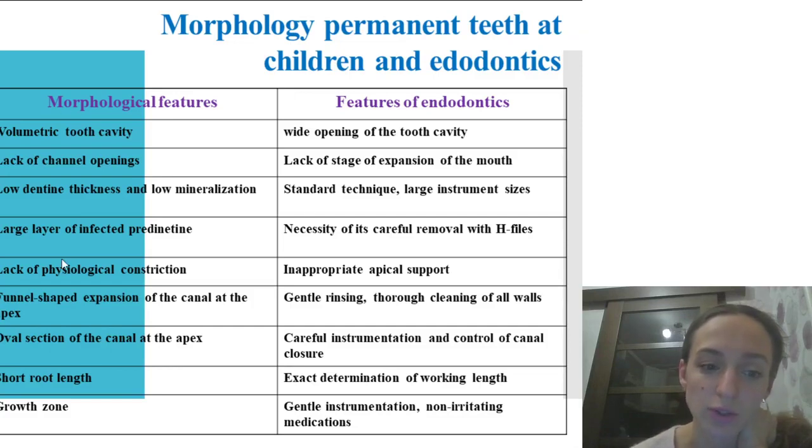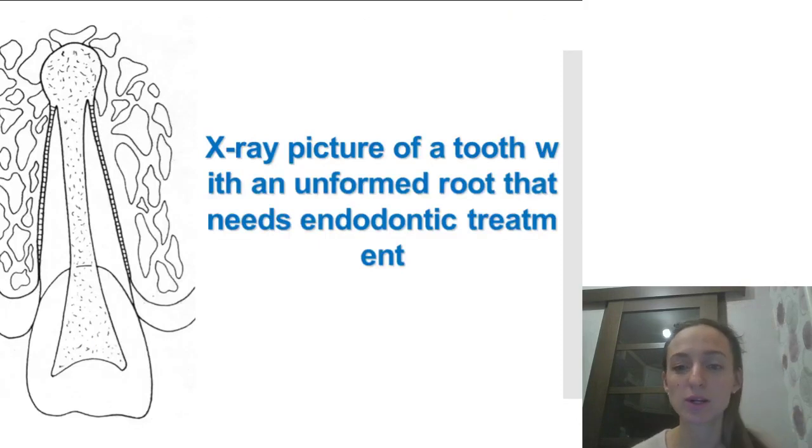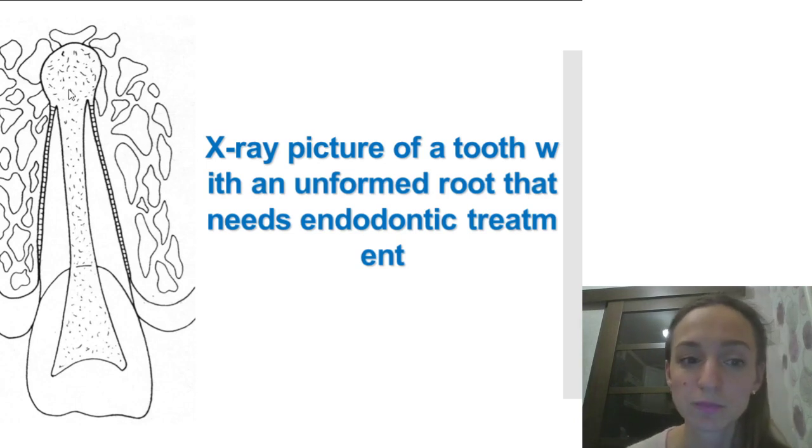And morphological features. X-ray picture of a root with an unformed root that needs endodontic treatment. Please look. Here it is an unformed root. We don't have an apical foramen.